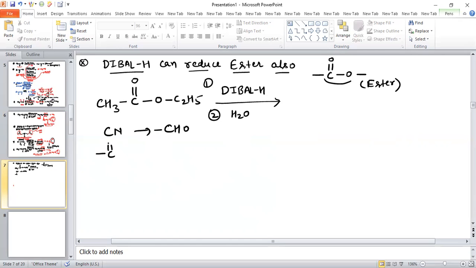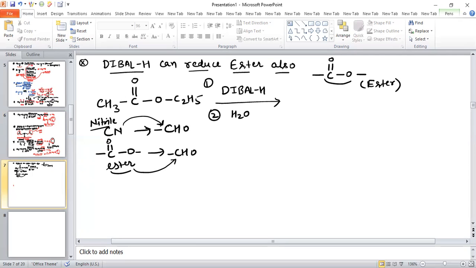Also this will reduce the ester group into aldehyde. So the nitrile group is reduced to aldehyde, and also the ester group is reduced to aldehyde in this reaction.